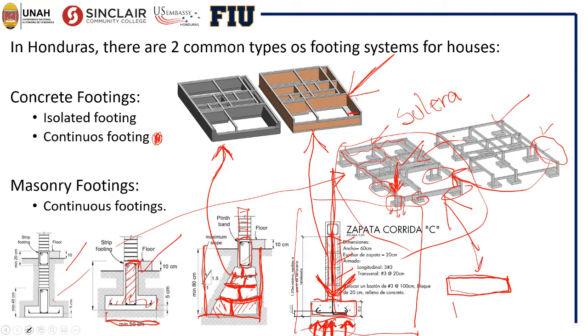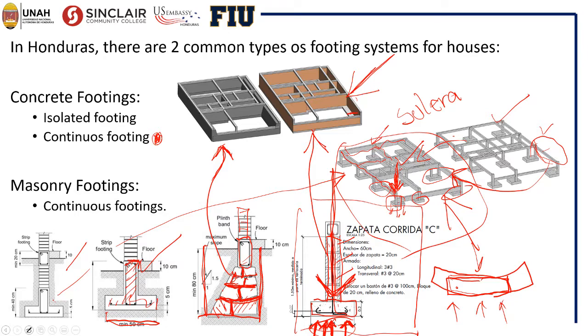We have this and we have this, and the flexion will cause this section to try to do this, and the concrete is a very good material to withstand compression forces but not tension forces.